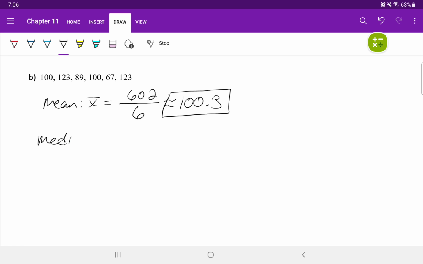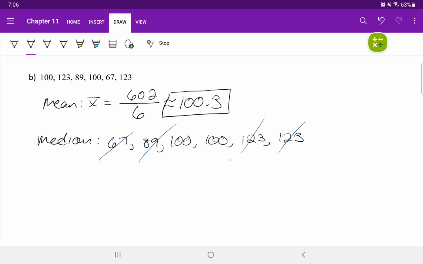The median is the middle value when the data is in order from smallest to largest. So it's going to be 67, 89, 100, 100, 123, 123. And then we cross off from the ends to reach the middle. Wait a minute, there are two middle values.